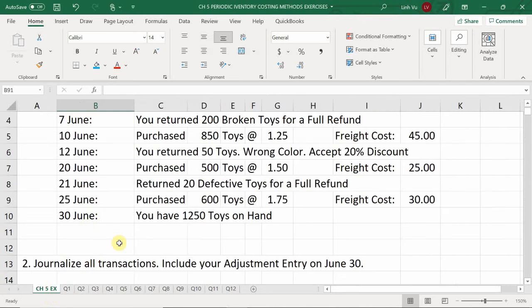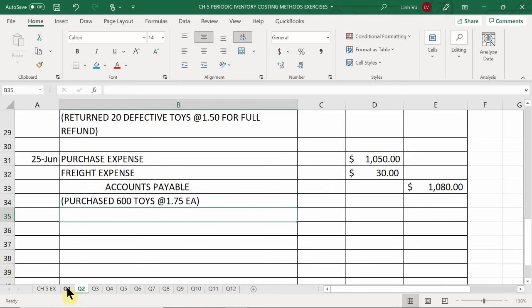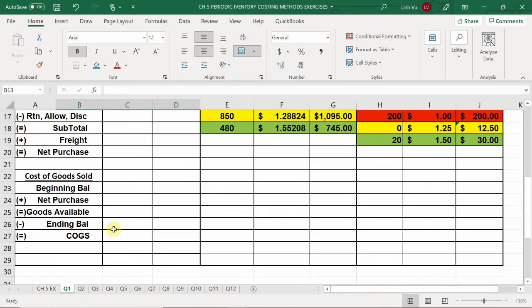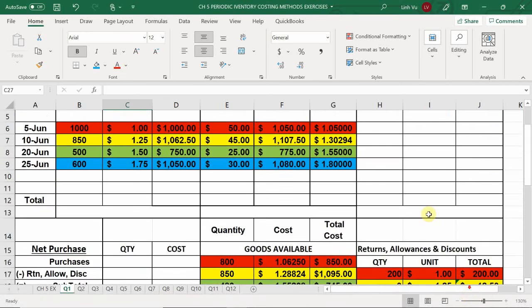In this case, I have no returns or any allowances, but I do have this information that on June 30th, I end up having 1250 toys on hand. Okay, so let's go into my inventory worksheet. I'm given that at the end of the month, I was left remaining with 1250. So in this case, that means my blue batch of inventory, I didn't make any returns or allowances for it.